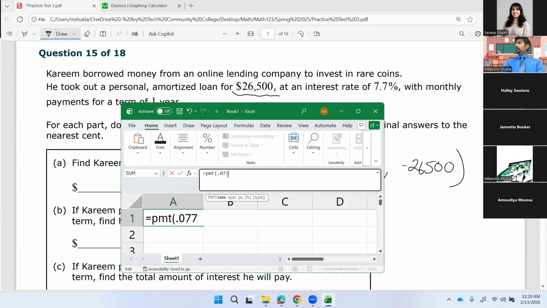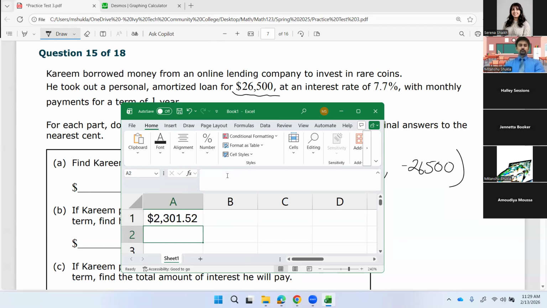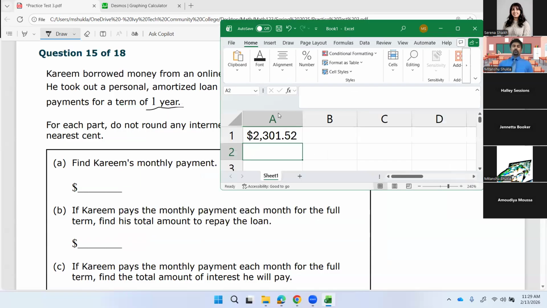It's being compounded monthly, so it's going to be divided by 12. And we know we're making a payment for 12 months for 1 year. So, comma, 12. And we borrowed $26,500. Okay. So this is what my monthly payment is going to be, 2301.52.